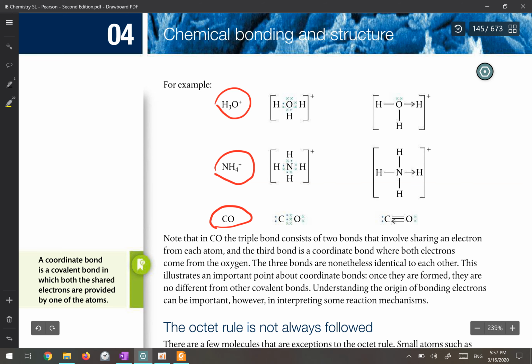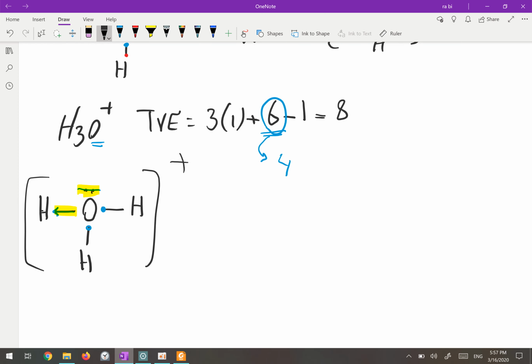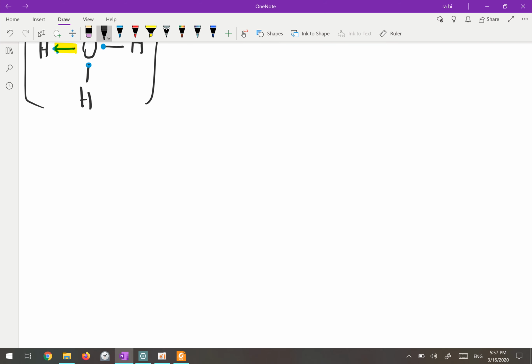So let's talk about the CO here. Let's draw the Lewis structure for carbon monoxide. Total valence electrons for carbon monoxide: carbon has 4 valence electrons, oxygen has 6 valence electrons, so the total valence electron is 10. We draw these molecules and put a single bond between them. We have to make all of them octets.